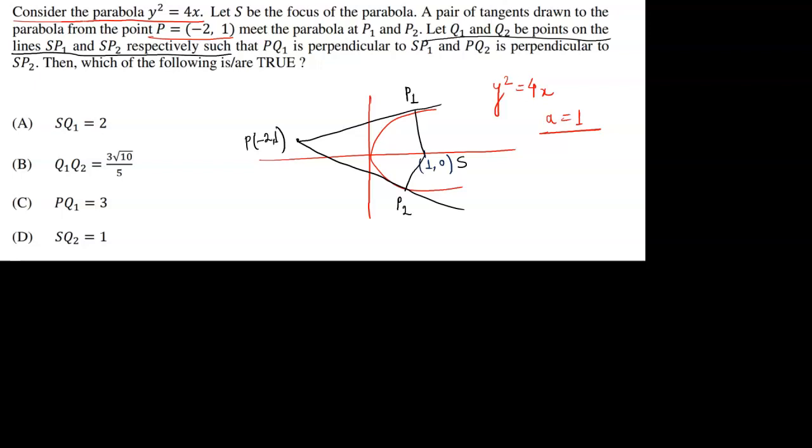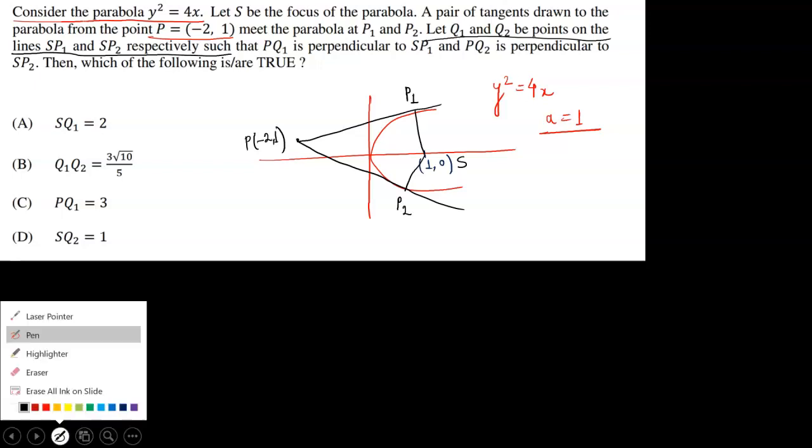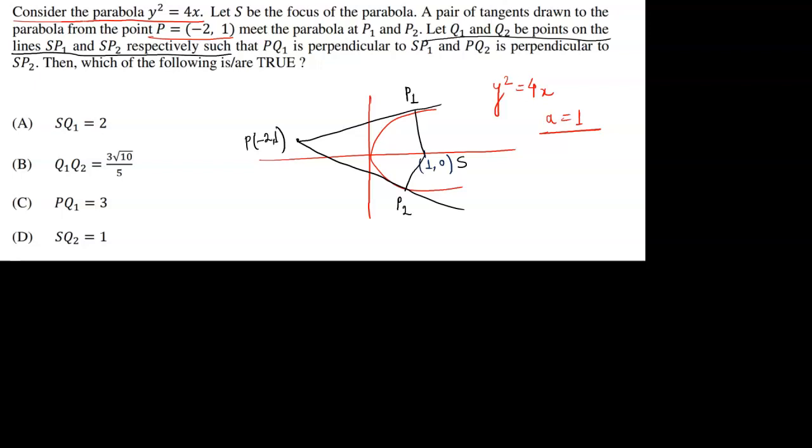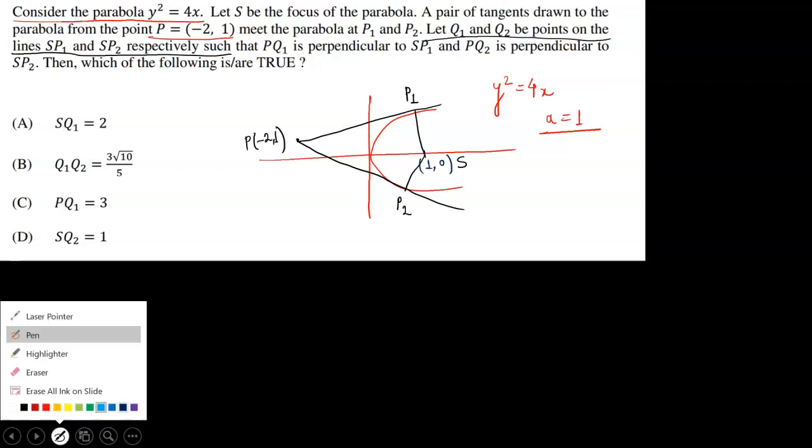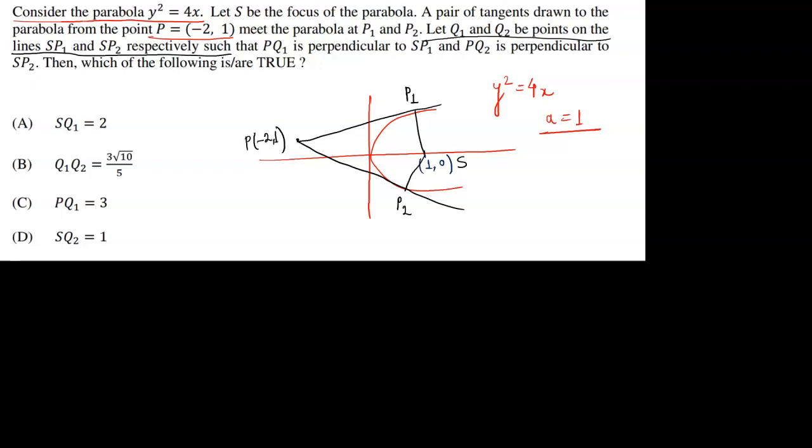Okay, if I draw here a perpendicular, which is named as Q1, and another perpendicular which is named as Q2, then which of the following is or are true.